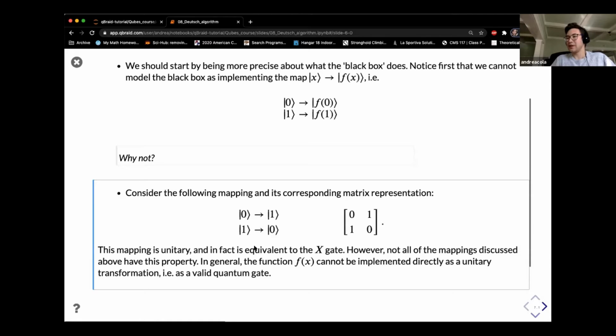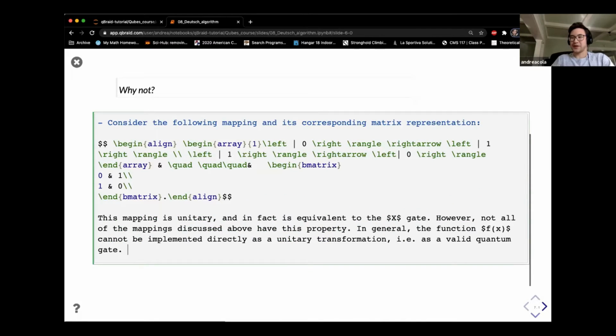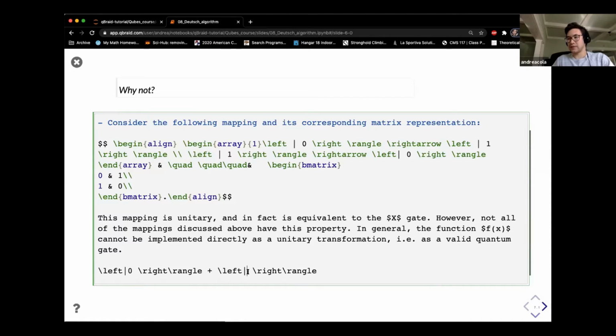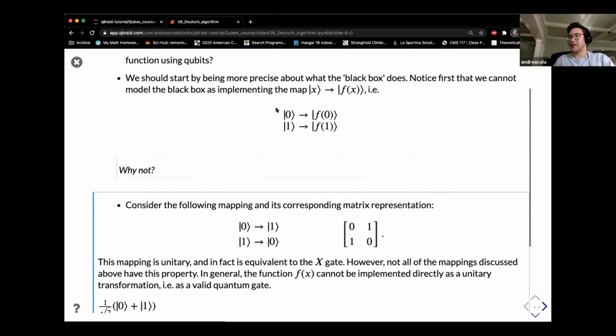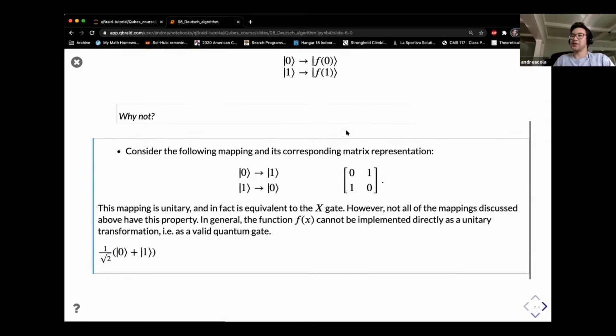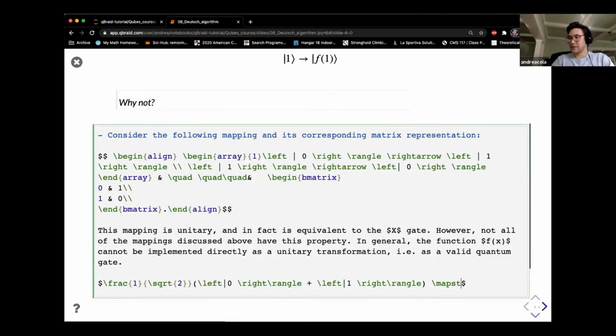For example, if you consider this state here, and you imagine that this unitary, this black box, maps 0 to 0 and 1 to 0, then this state here would be mapped to 1 over square root of 2, 0 plus 0.